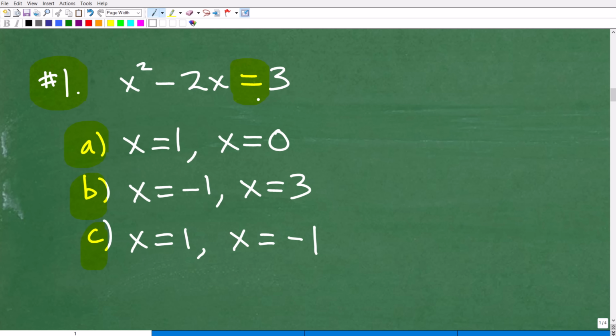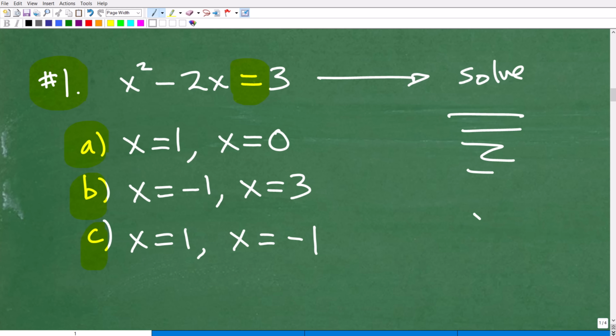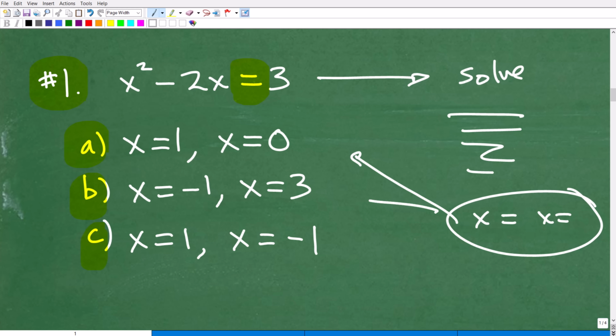Now, what you can do right here is you look at the problem, x squared minus 2x is equal to 3. So what are our choices here? Well, you can solve this problem. You could do the work and then look at which one of these options, A, B, or C, has your solutions.